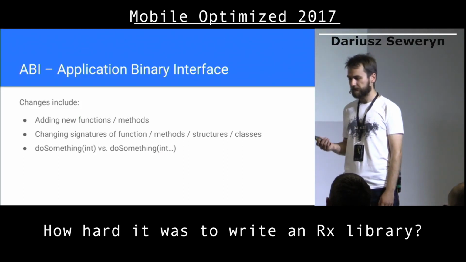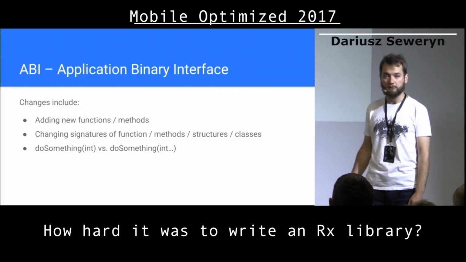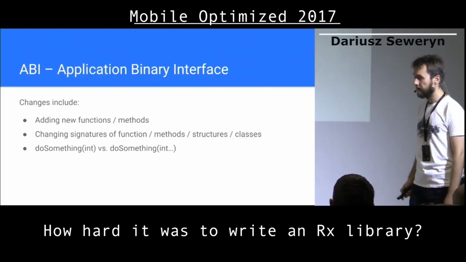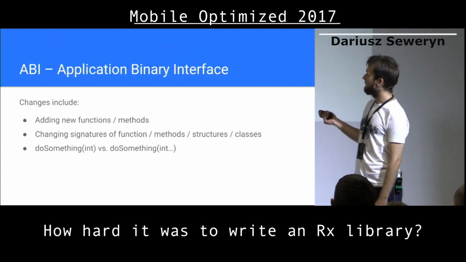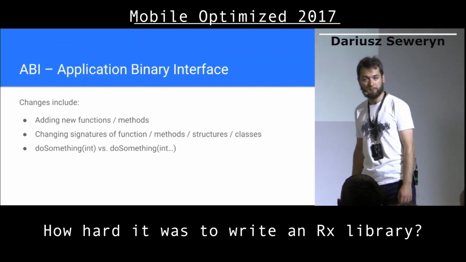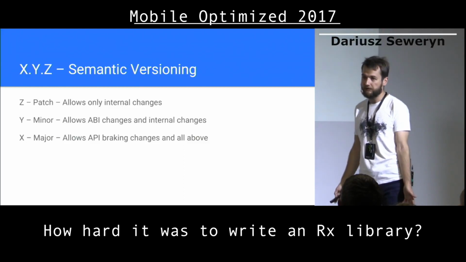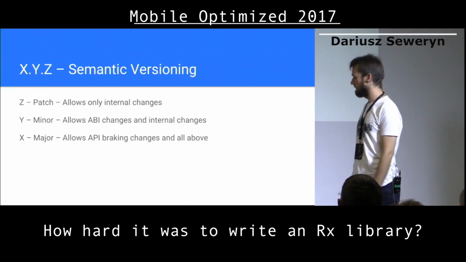The same goes for changing the signatures of functions, methods, or public interfaces. Even changing a parameter that comes to a function to a var parameter changes the ABI. Okay, and on the major version, you can basically change all of the API, remove the old one, whatever you want.